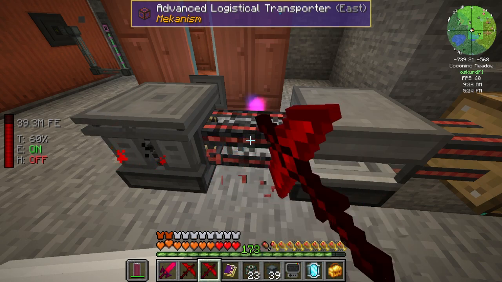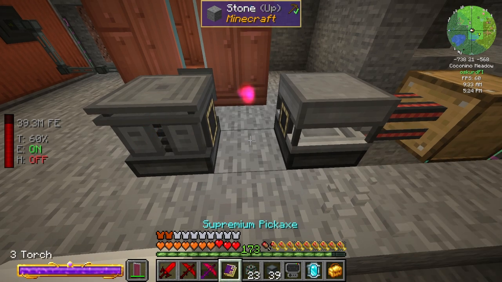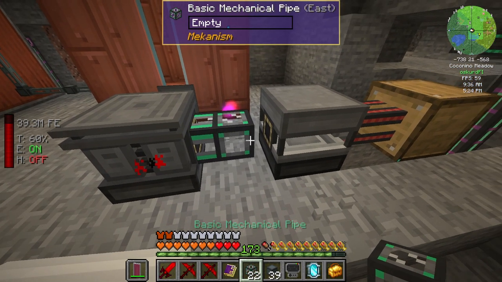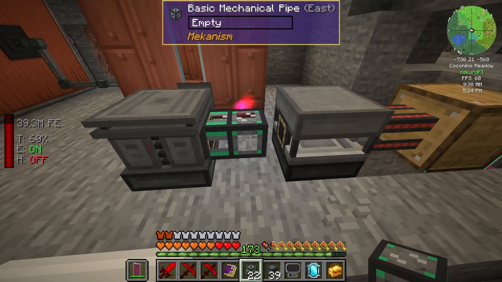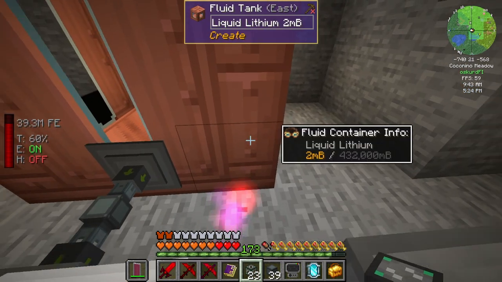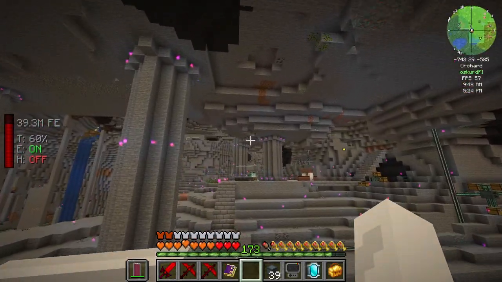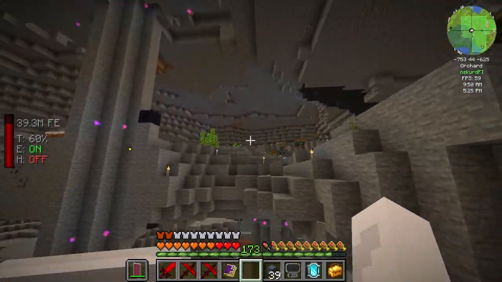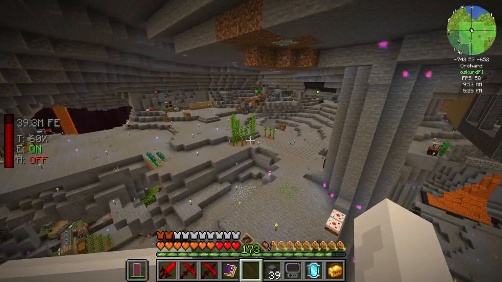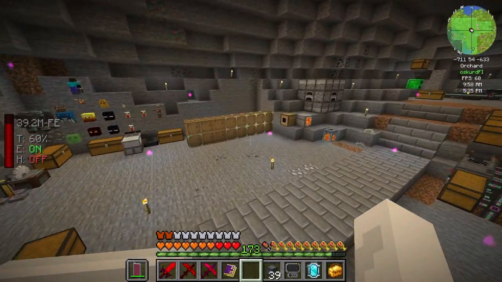Fairly certain. No, it's still not a liquid pipe. Gas? So is it like chemical? Are chemicals always gas? Why doesn't it say gas if it's chemical? Because chemical can be liquid or something.